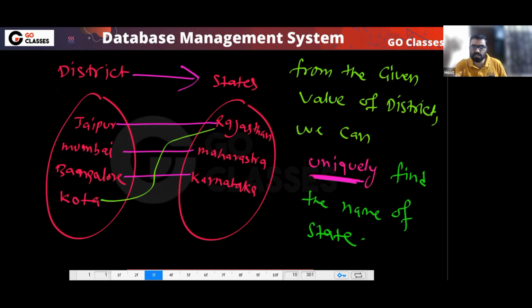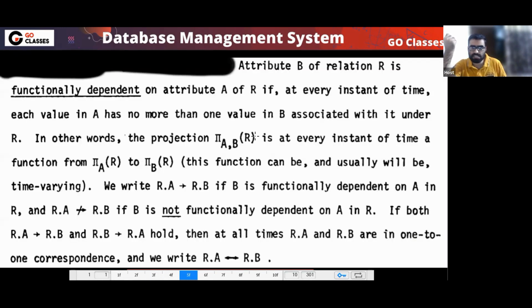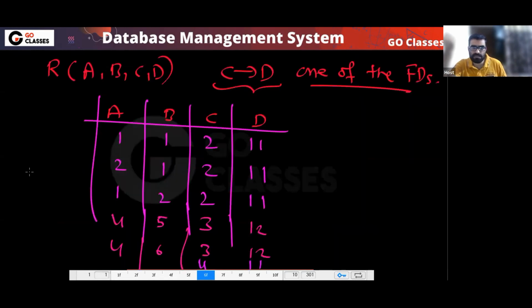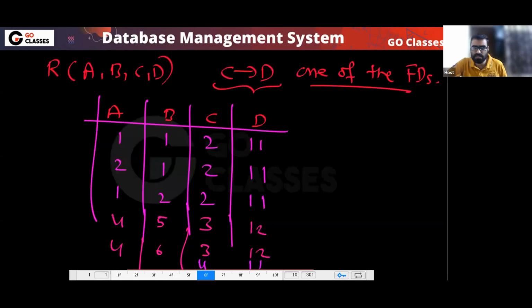So if you project the functional dependency, you can notice the projection is a function from this to this. This is the point. Is this clear to everyone?